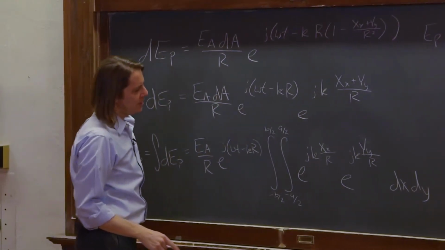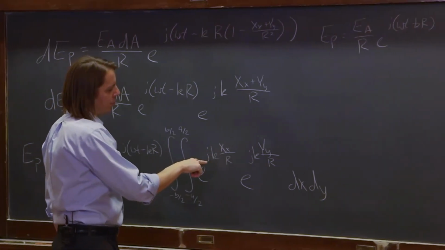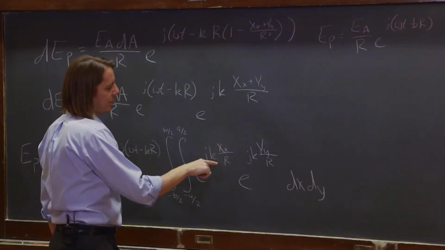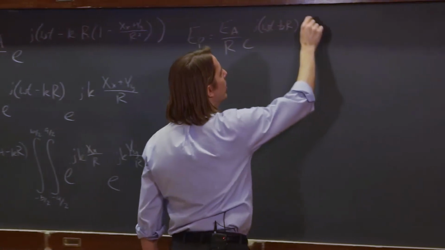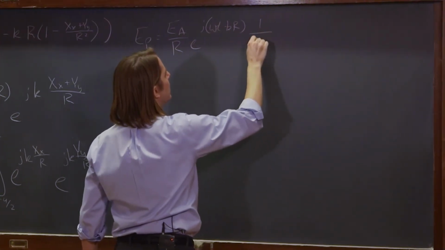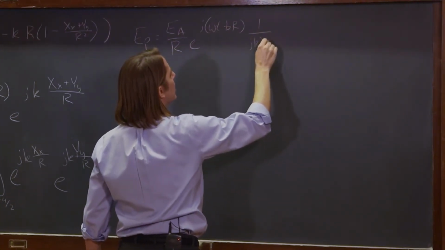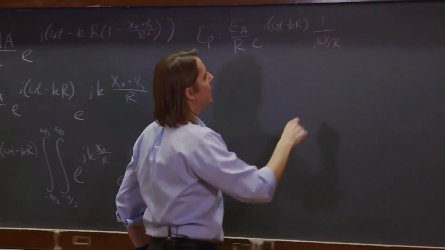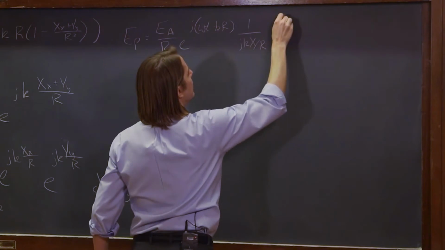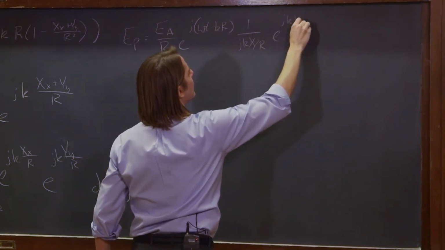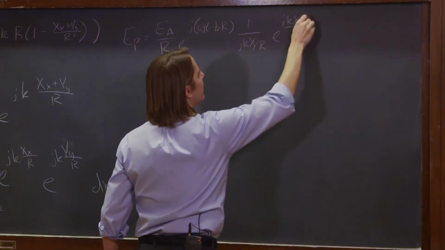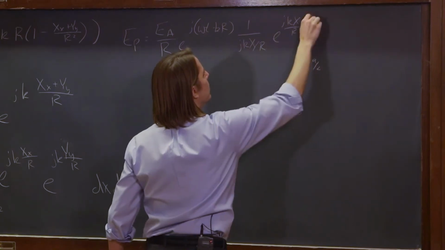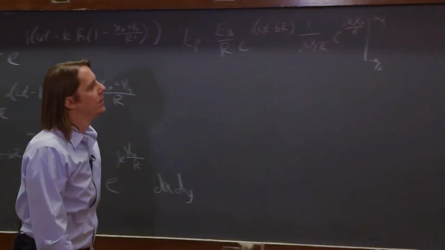That's going to be 1 over jk big X over r, e to the jk xx over r, evaluated from minus a over 2 to a over 2.